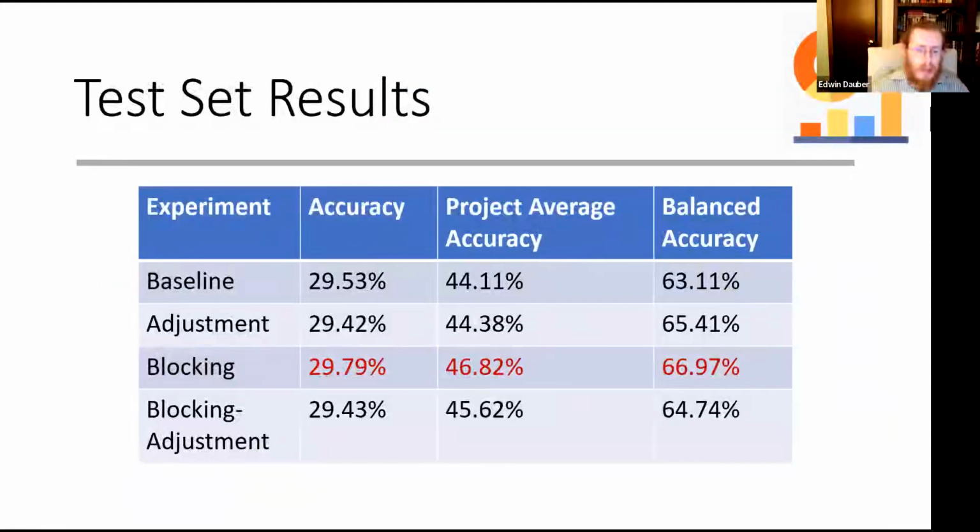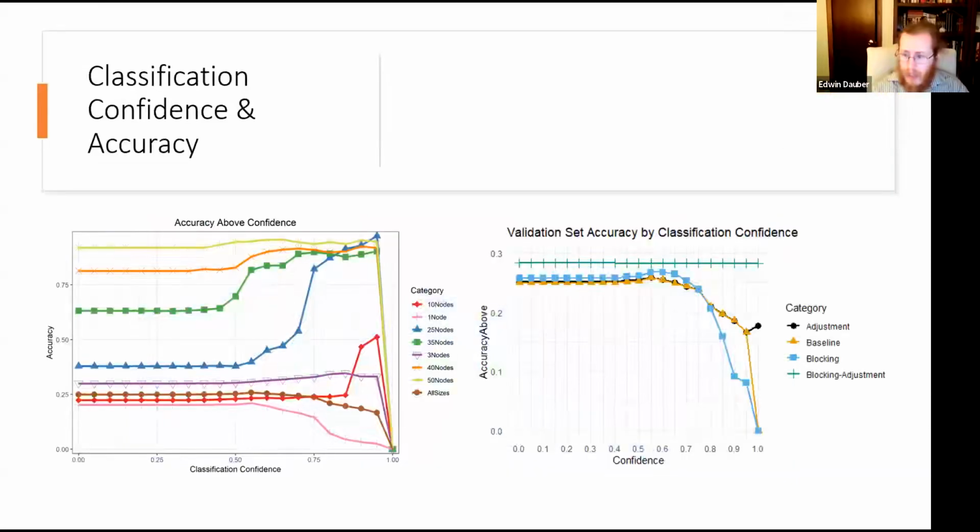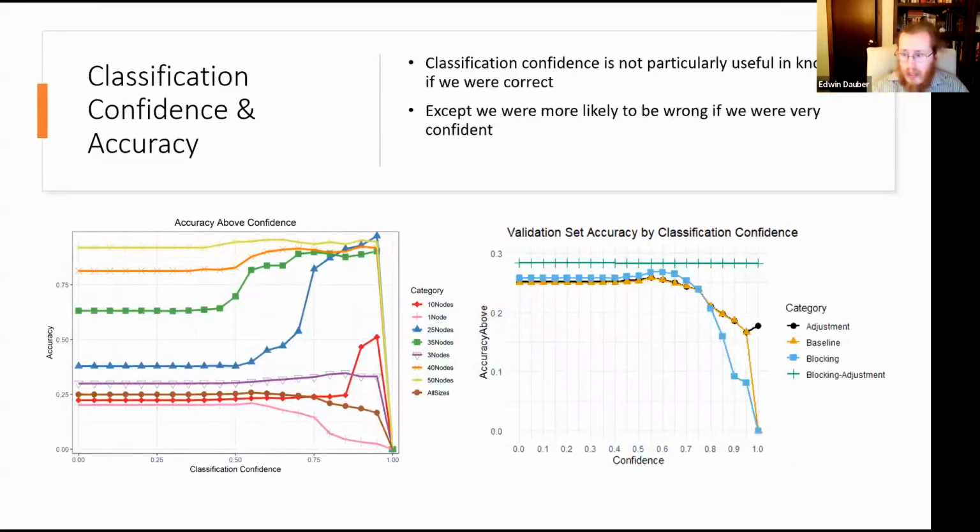And we'll also demonstrate quickly the test set results in line with what we saw from the validation set. One thing we noticed was that unlike in the Git blame work we did a few years ago, classification confidence is not particularly useful in identifying whether an attribution was correct, except that if we are extremely confident, we were more likely to actually be wrong in this case.